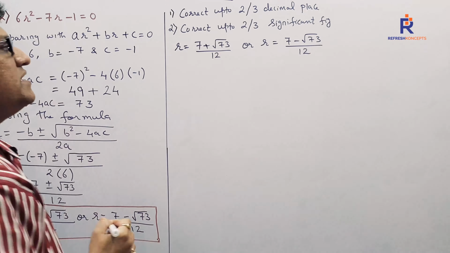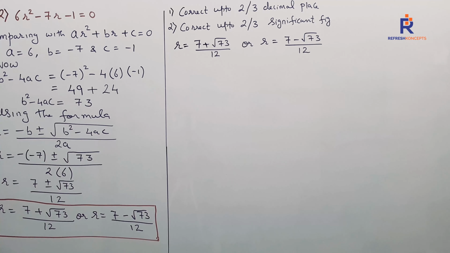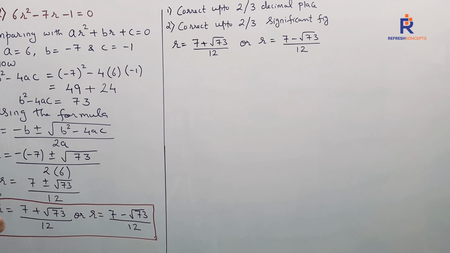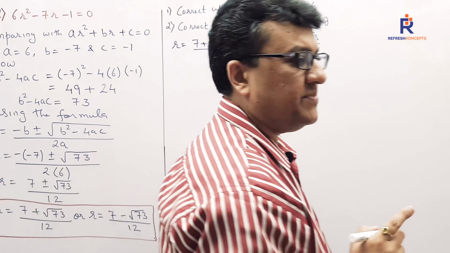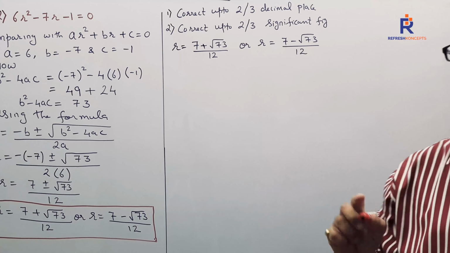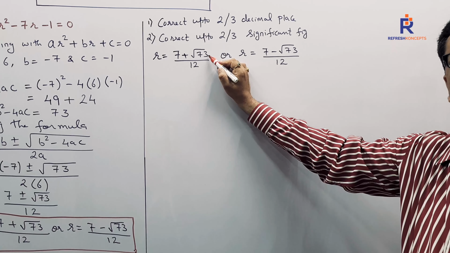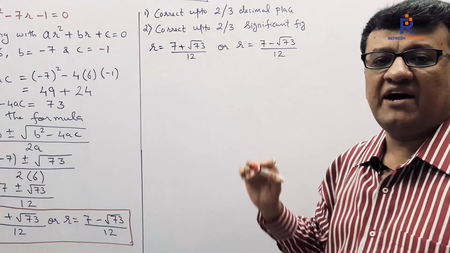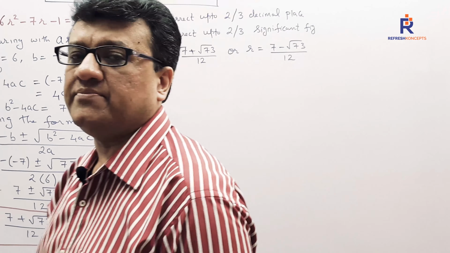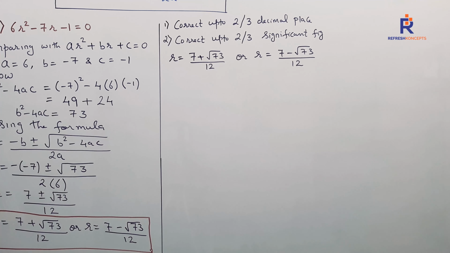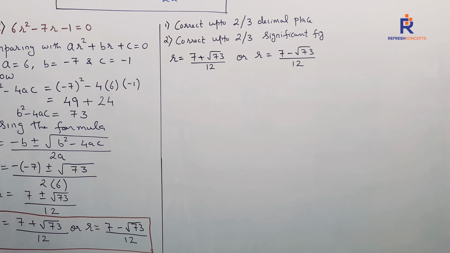Now, from the log table or the square root table, what value do we need to find out? Is 73 a perfect square? Indeed not. So we have to take help of the log table or square root table. When you look into the square root table, you will find root 73 as 8.544.